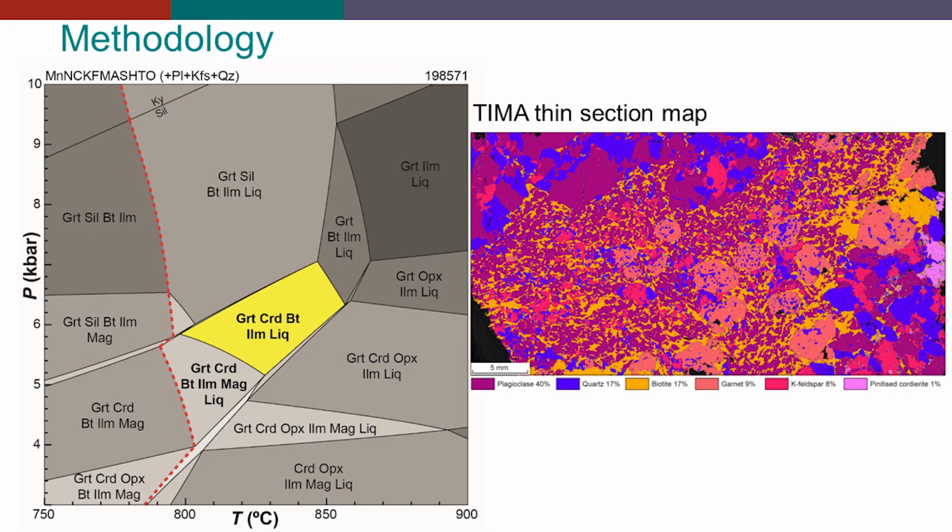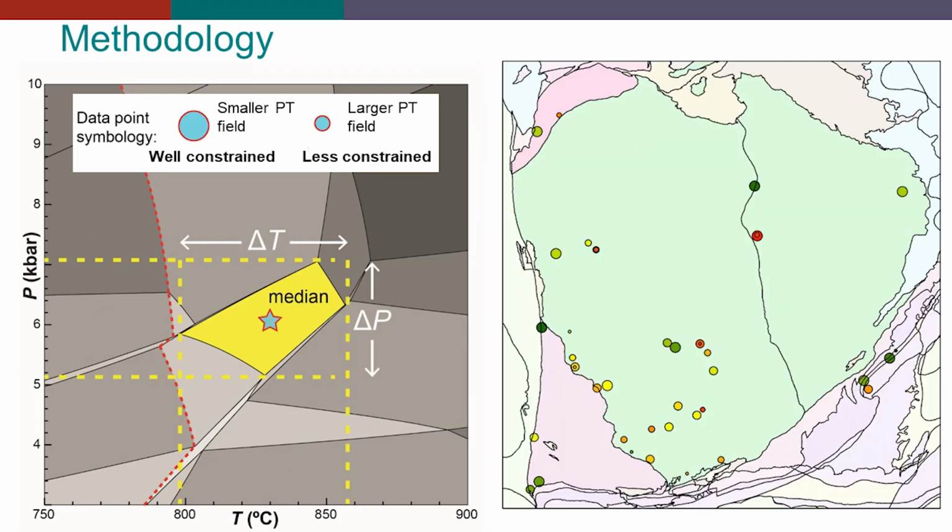And if we can find information on how minerals have grown or been consumed, that might give us some further information. Now, the messy reality of working with this kind of metamorphic data is that we're often looking at metamorphic assemblage fields, fields in PT space. We do try to refine this when we can with either mineral modes or chemistry, but an unfortunate reality of metamorphic samples is you're looking at large uncertainties.